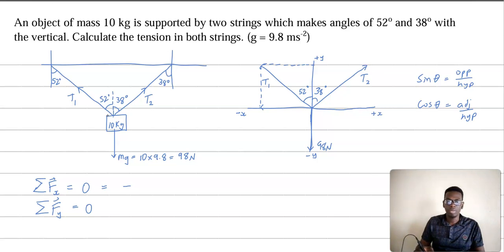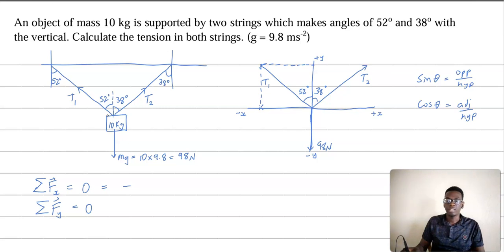The x component of my force T1 is the length from the origin to this point, which is also equal to the length from the y-axis to this point, because this forms a rectangle. And this side, which I need, the x component, is opposite to 52. So in this ratio, if I make opposite the subject, the opposite is hypotenuse times sine theta.